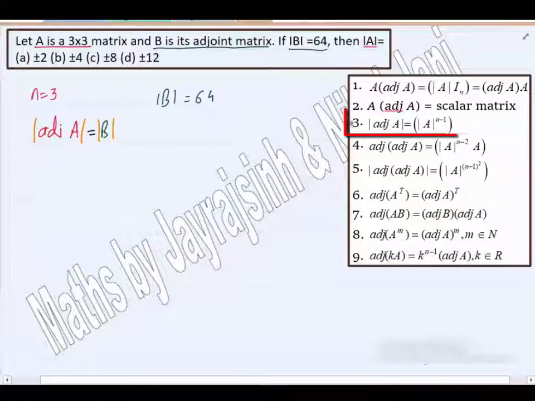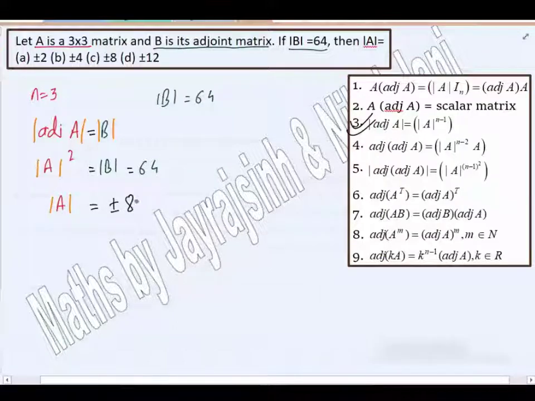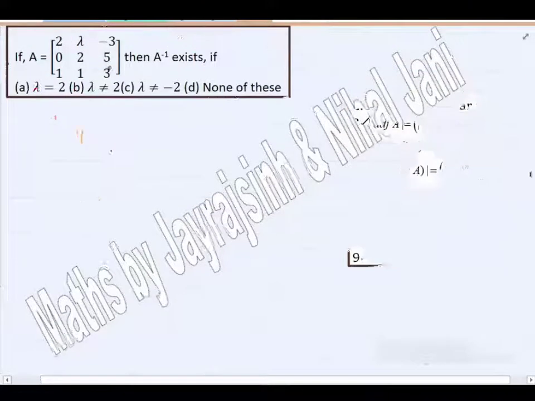For left hand side, we are going to use the third property, which represents determinant of adjoint of A is nothing but determinant of A raised to n minus 1. In our case, determinant of A raised to 3 minus 1, or we can say square, is equal to determinant of B. Now we already know the value of determinant of B, which is 64. So we can say determinant of A is equal to root of 64, or we can say 8. Ta-da! Option C is your final answer.